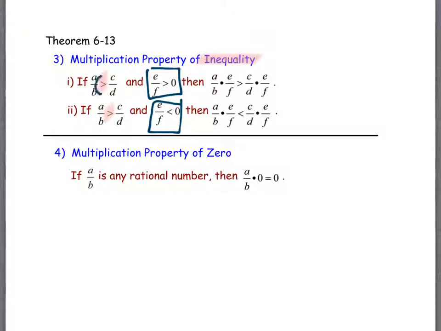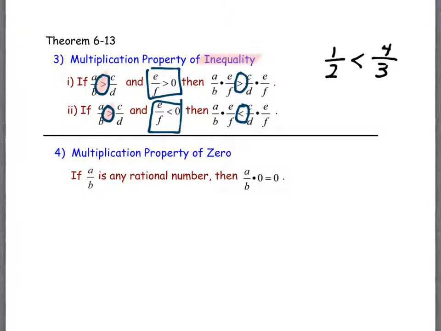So notice right here, this is a greater than symbol, and this is a greater than symbol. It stayed the same direction. But when we multiply by a negative, the greater than symbol becomes a less than symbol. It switches direction. And you've seen this happen multiple times. Say I said 1/2 is less than 4/3, which it is, because 4/3 is bigger than 1.